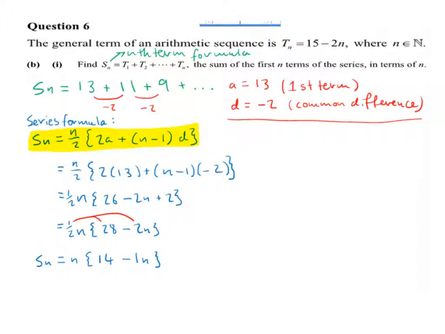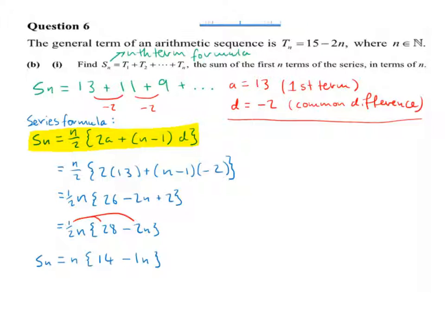But the S stands for sum of series. So T1, which is term 1, gets added to term 2, T2, which gets added to term 3, which gets added to term 4, and so on. So we get the sum, which means add, of the terms in the sequence, but we actually call it a series because there's pluses in between. So a sequence has commas, a series has addition signs or pluses.